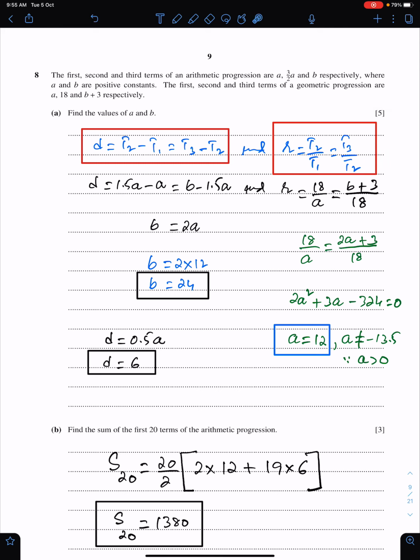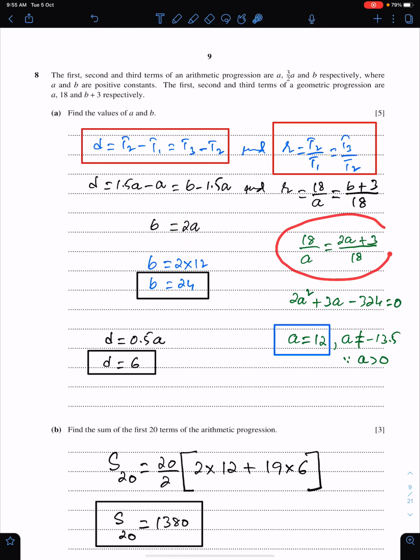So we just need to substitute T1, T2, T3, these 3 terms, into this formula. When we substitute and solve these, we get b is equal to 2a. And when you substitute the first 3 terms of the GP into its formula, you will get this equation. So you just need to substitute 2a for b here.